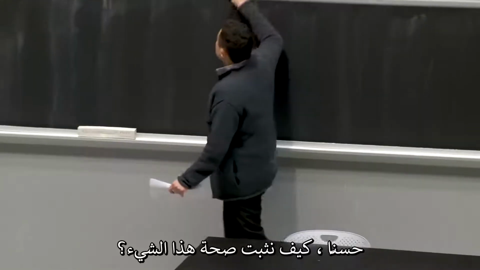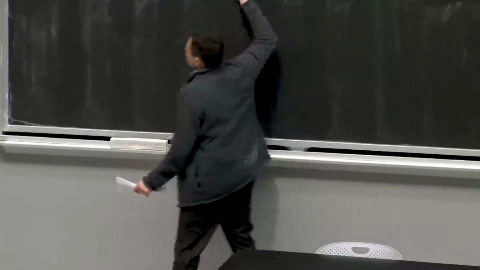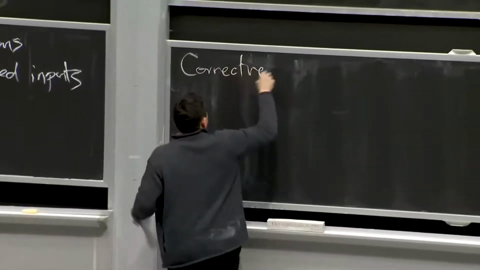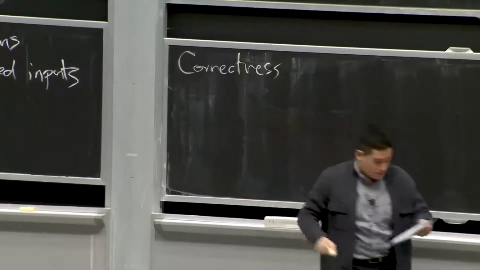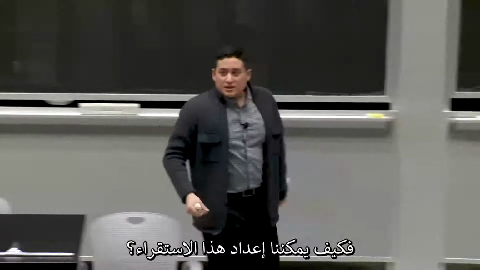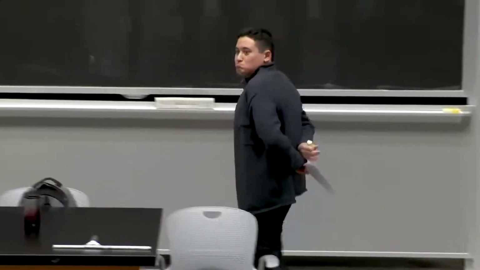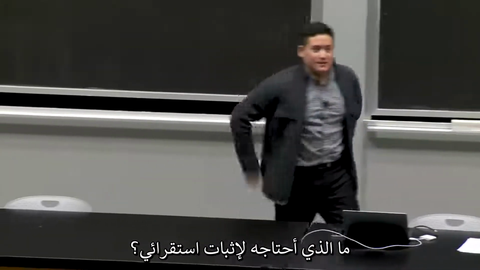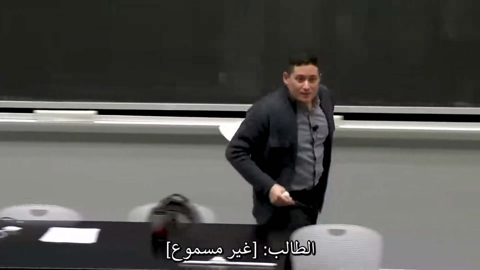Okay, so how do we prove that this thing is correct? We've got to use induction. So how can we set up this induction? What do I need for an inductive proof? Sure, a base case.